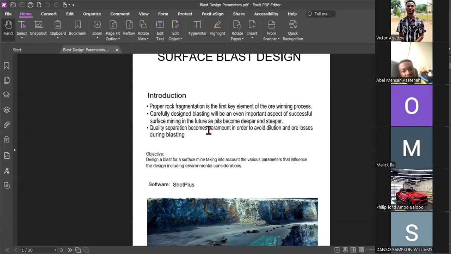Proper rock fragmentation is the first key element of the ore reading process. In mining, fragmentation is very necessary. If you get a good fragmentation, it's part of the way that you can recover your ore the way that you want it.